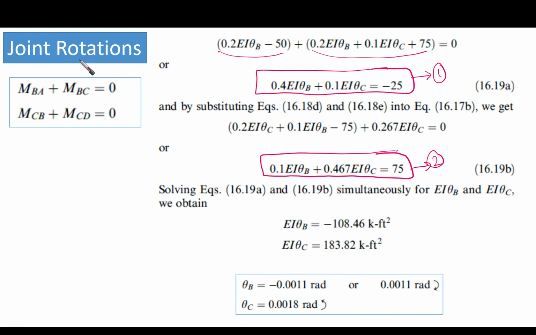Look at the joint rotation and our equilibrium equation. In the beginning, we said that MBA plus MBC should equal 0.